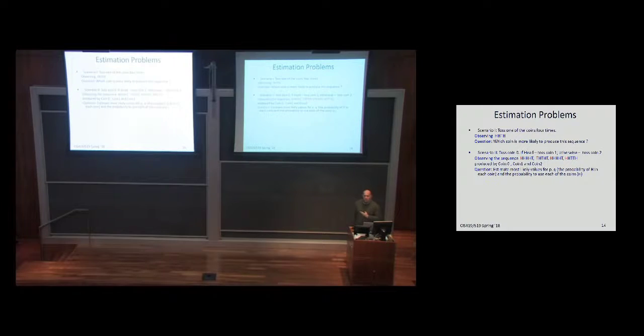How do I get the P, for example? P was coin 1. So I'm looking only at those examples, sequences that start with H, and in this case I have 3 of them.